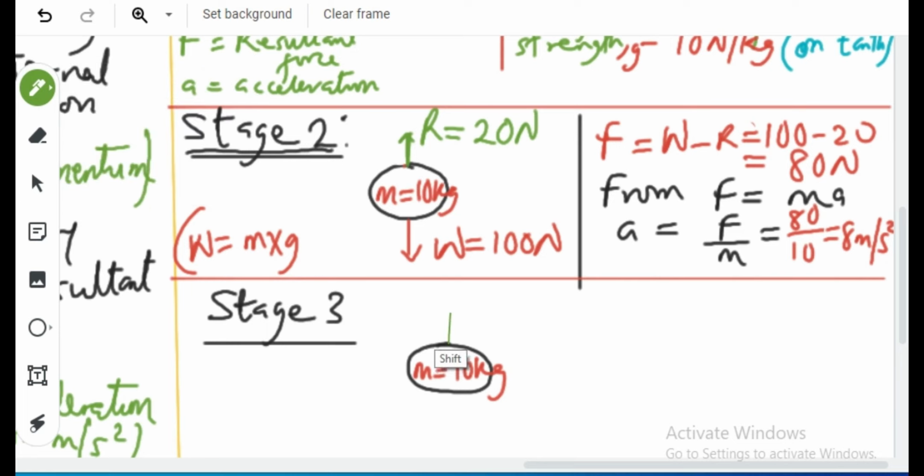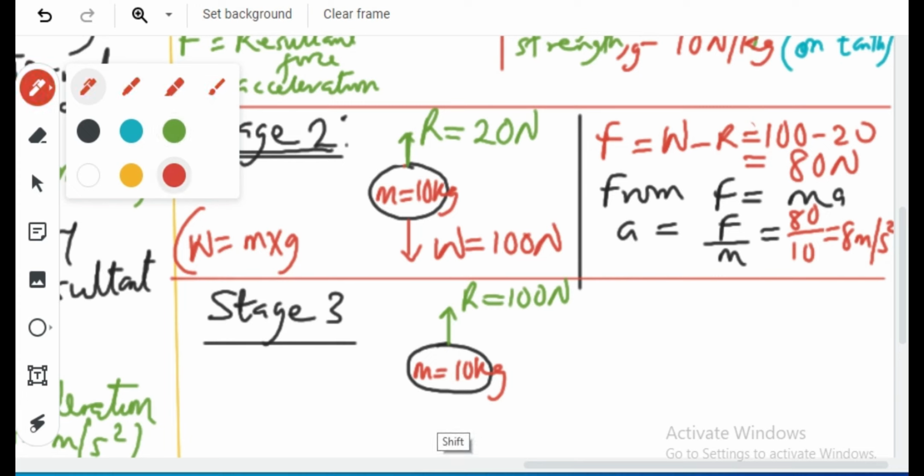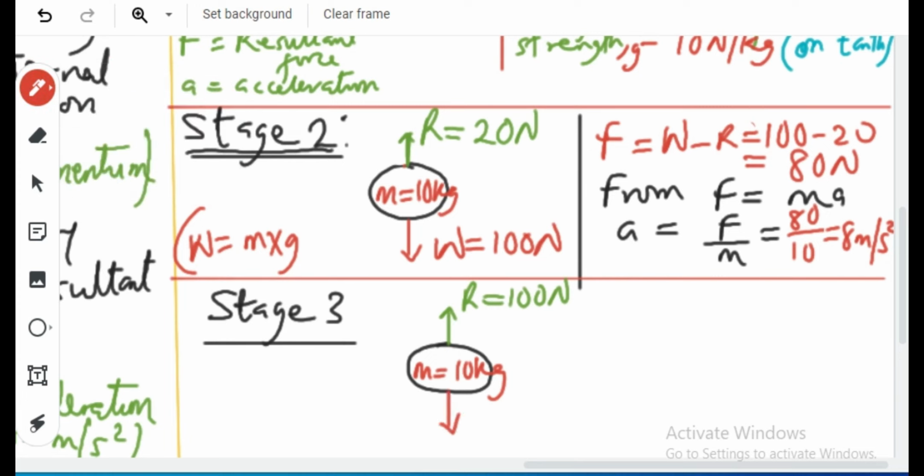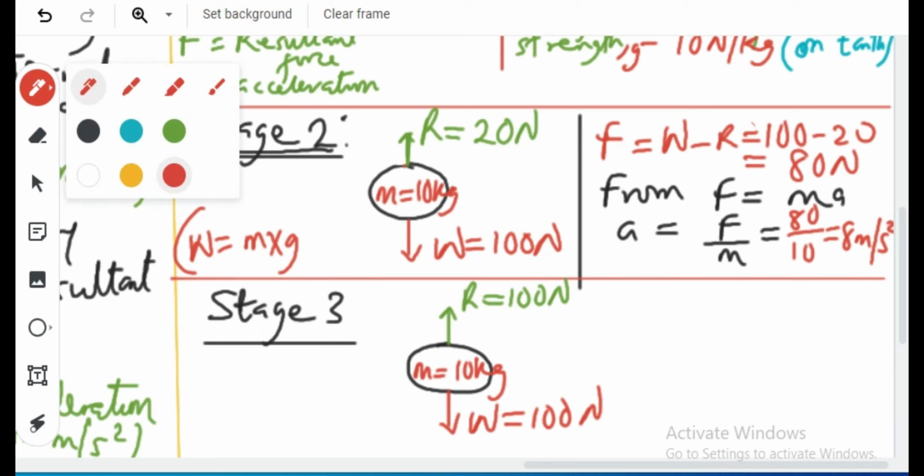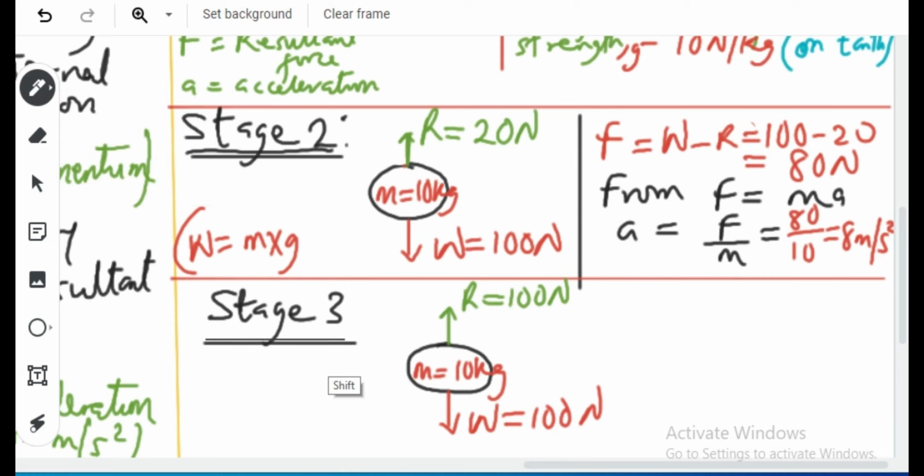Let me just say it has increased to 100 Newton, so that we don't waste so much time repeating the process. What's the value of the weight again? 100 Newton. That's stage 3. Are you ready? Okay, so let's find the resultant force.